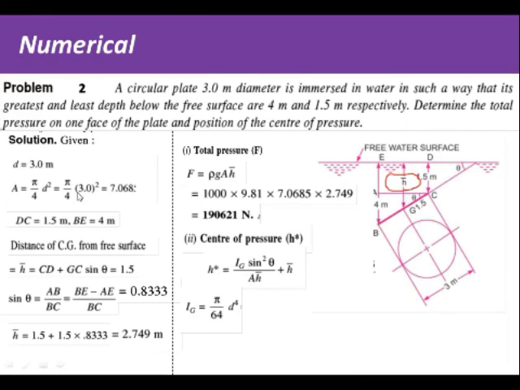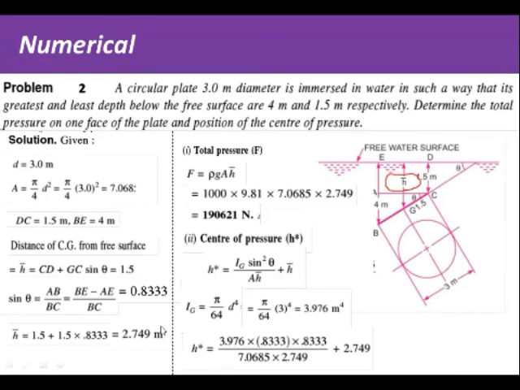Okay, after that area is pi by 4 d square. Already we had calculated 7.068 and H bar is 2.75. Okay, so it comes out to be 3.976. Okay, very good, Vaibhav. Meter to the power 4.